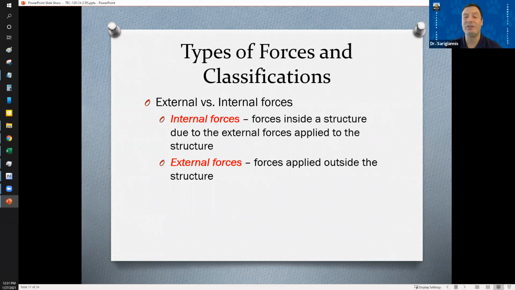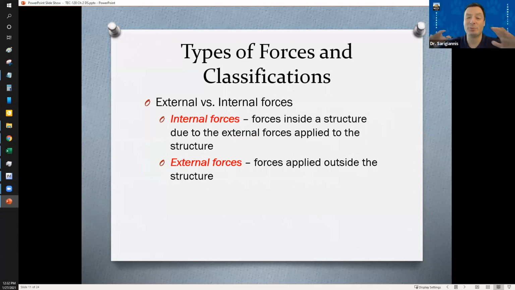Internal and external forces. We're going to talk a lot about external forces, and those are the ones that are applied outside of a structure, right? So, gravity, someone pushing, someone pulling. An internal force is going to be inside of a structure, and it's typically due to external forces, right?